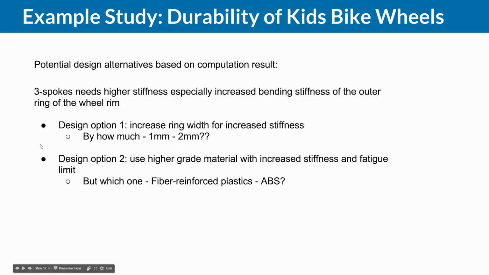So this is the point where again the creativity or the experience of the designer comes into play to decide how you can improve the design. One option could be to increase the outer ring width or thickness by 1, 2, 3 millimeters, I don't know.